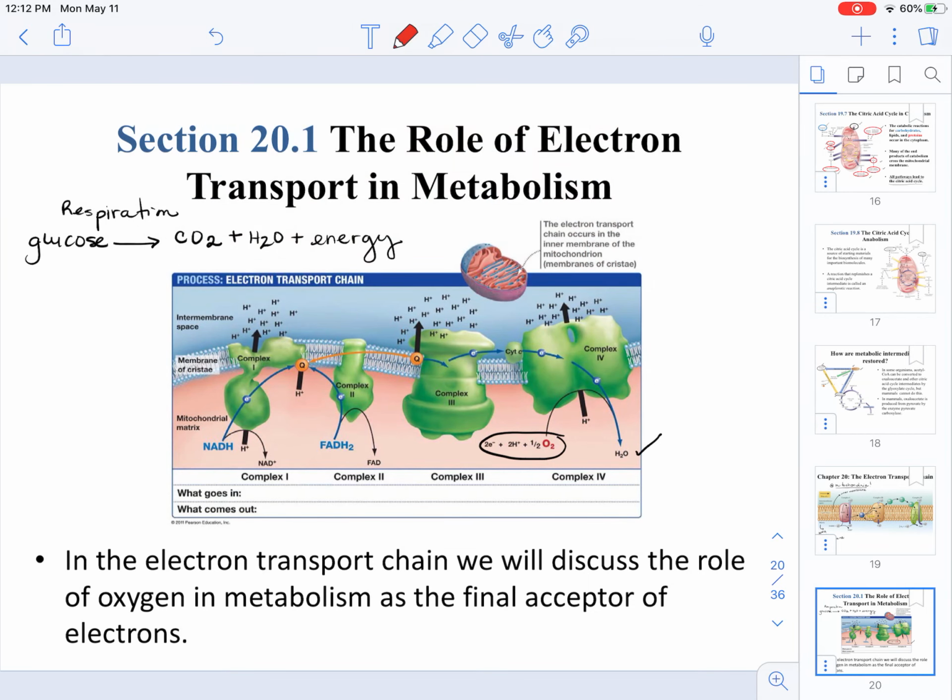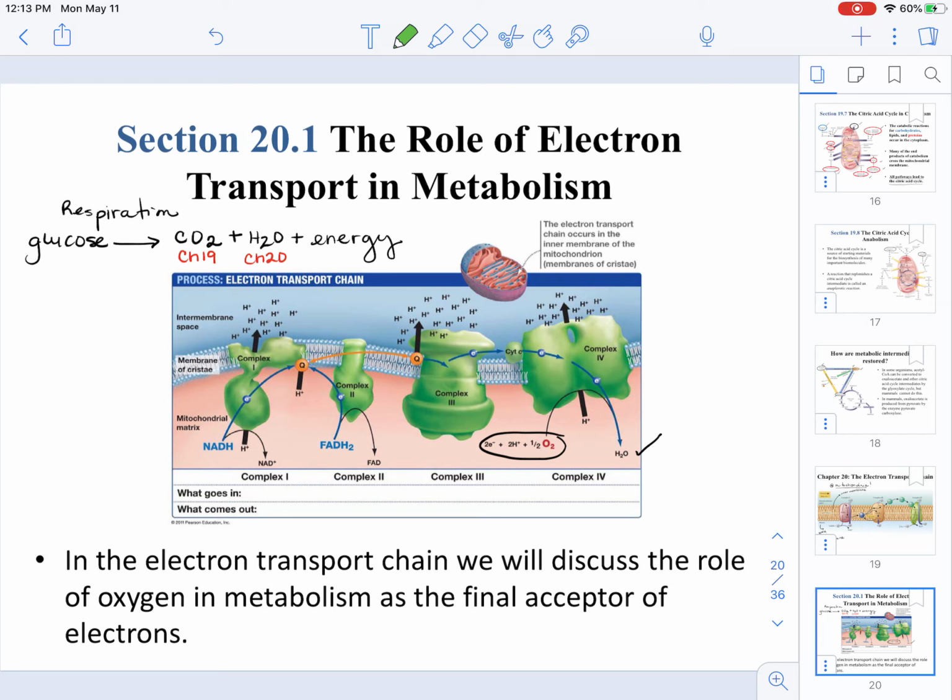We already saw in Chapter 19 that the CO2 is specifically formed in the TCA cycle. We're going to see in Chapter 20 how the water is made at the end of these electrons that are transported. In terms of energy, we have so far seen which processes are exergonic or endergonic. But here, when it comes to energy, I'm going to talk about the ATP synthesis.